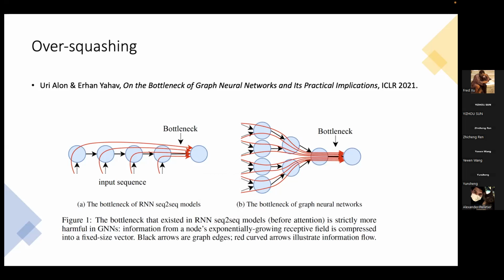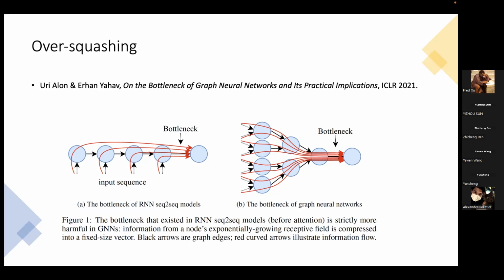Okay, so let's understand it from the information perspective. We have a finite dimensional vector which we use to represent the node embeddings, right? If we have a lot of information to fit in this finite-sized vector, then the more information we need to aggregate, hopefully we should use higher dimensional vectors, right?